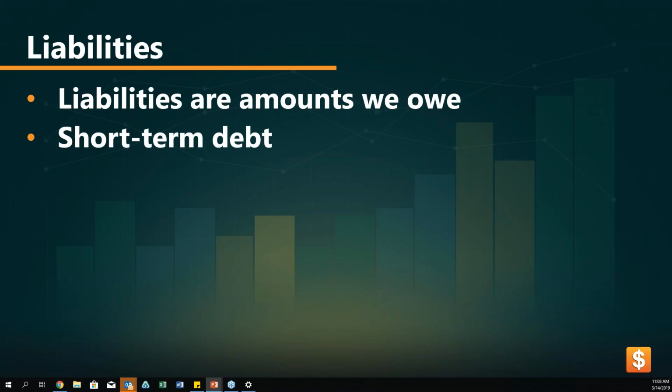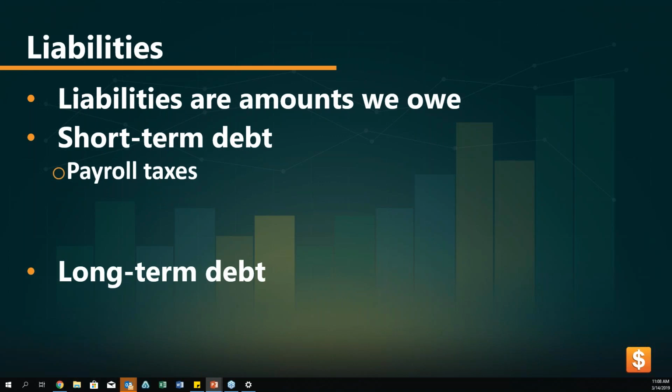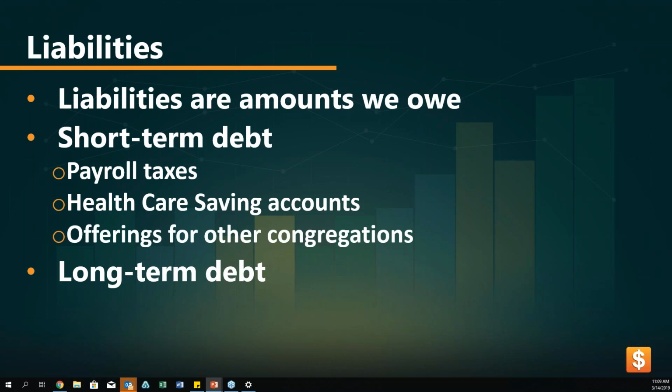So liabilities are amounts that we owe. There's two types: short-term debt and long-term debt. Short-term debt could be payroll taxes. It could be healthcare savings accounts, which are more and more popular. It could be also offerings from other congregations. Then long-term debt could be mortgages, loans, and also car loans. So those are forms of long-term debt.